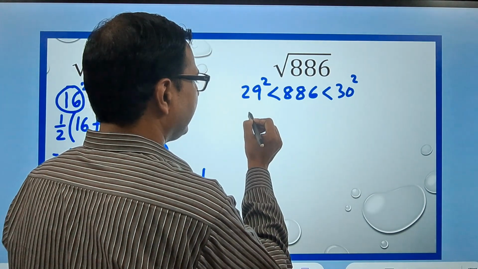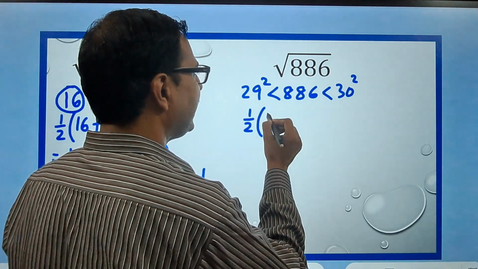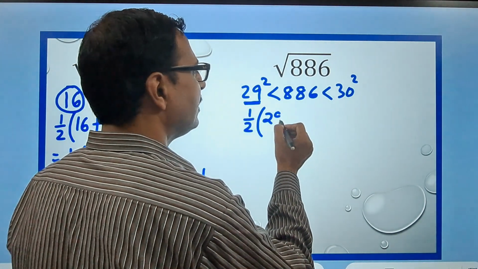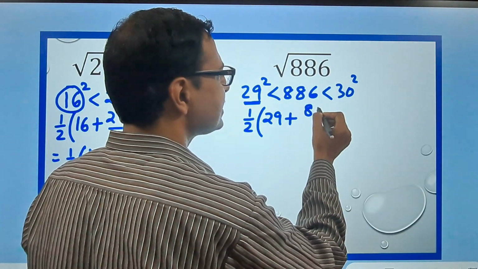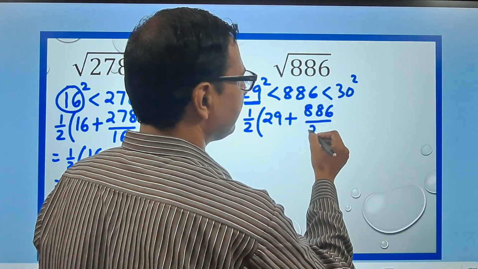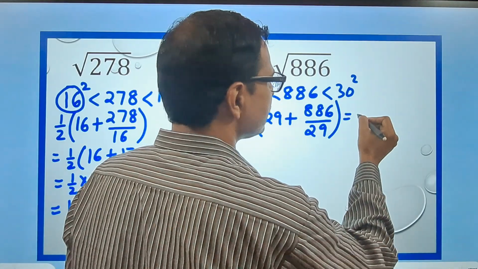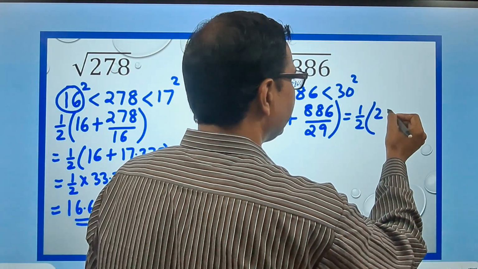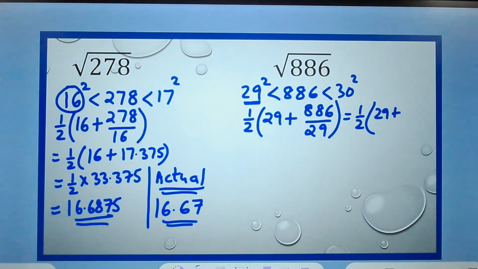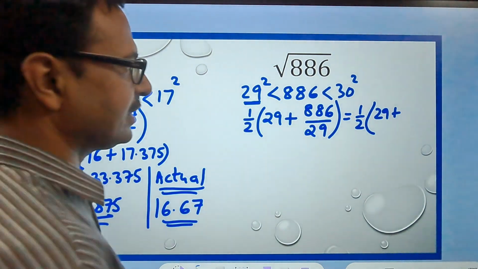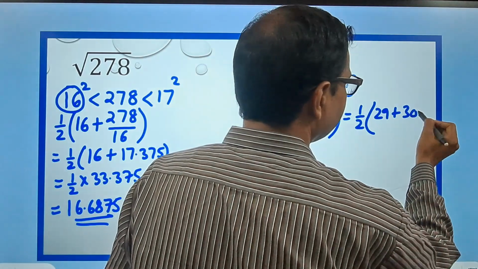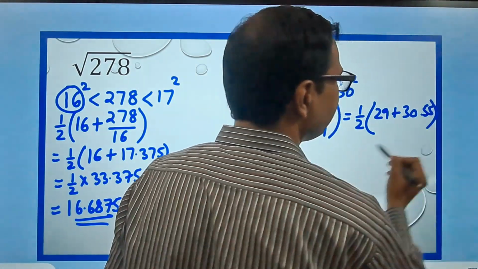So what will I do? My answer will be half of a, which is this number 29, plus b, which is 886, divided by 29. So this will be half of 29 plus 886 divided by 29. I've already divided this for you: 886 divided by 29 is 30.55.